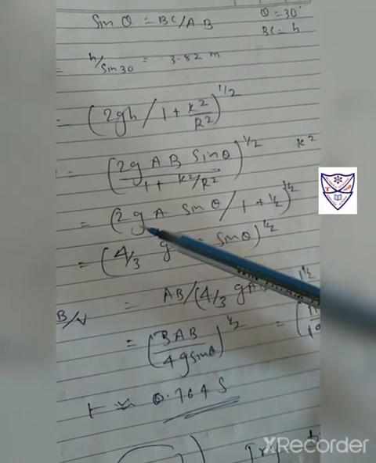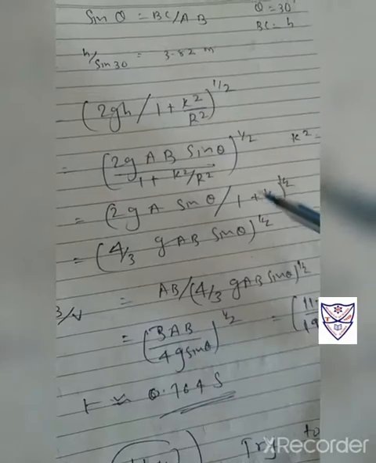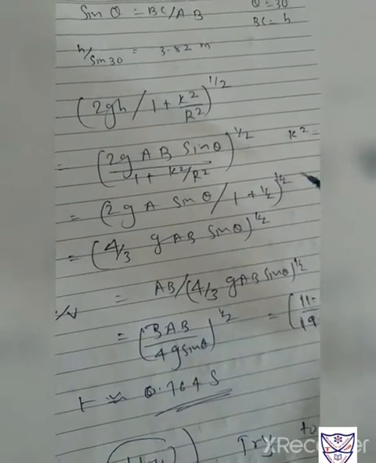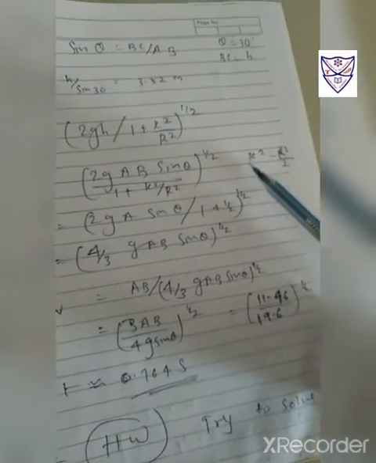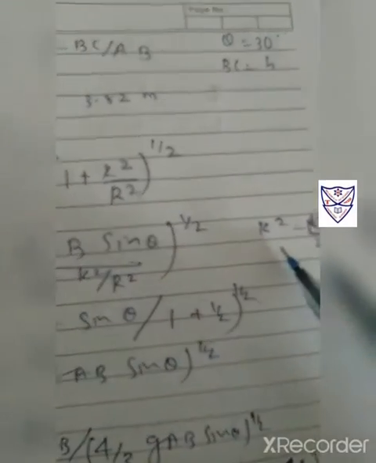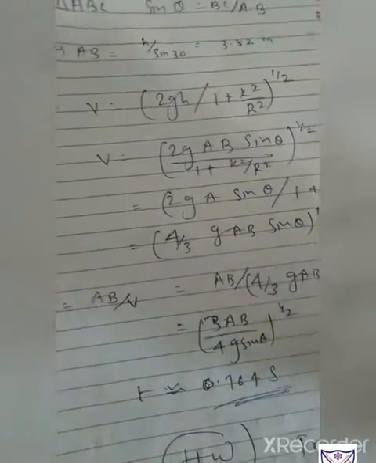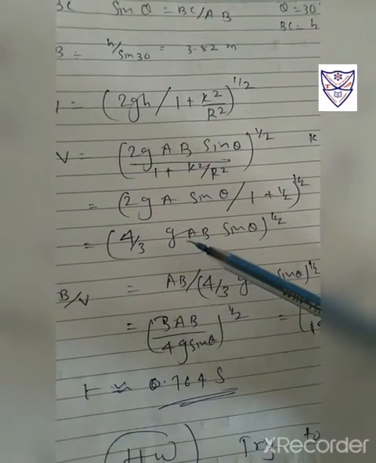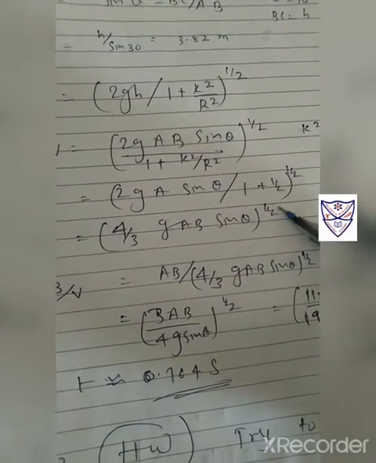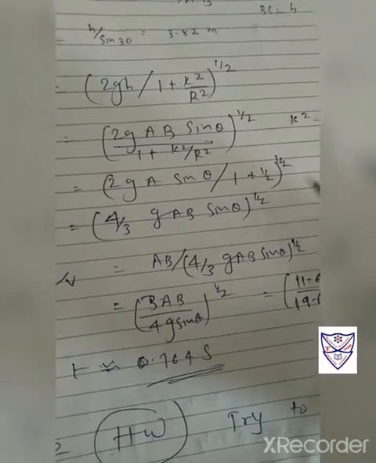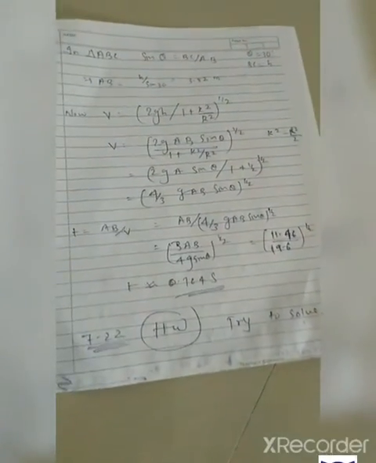So you will get 2G sine theta over 1 plus half, under root of that, and your K square is equal to R square by 2. So using this also you will get 4 by 3 G AB sine theta, raised to half, meaning under root.